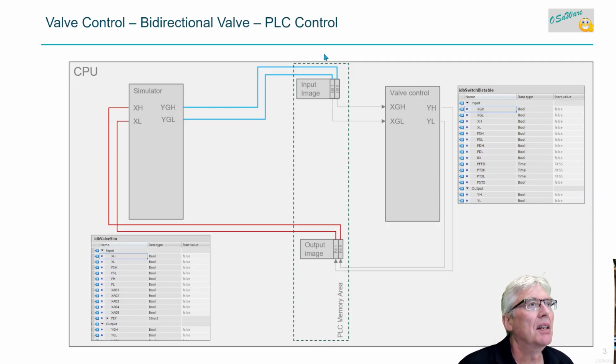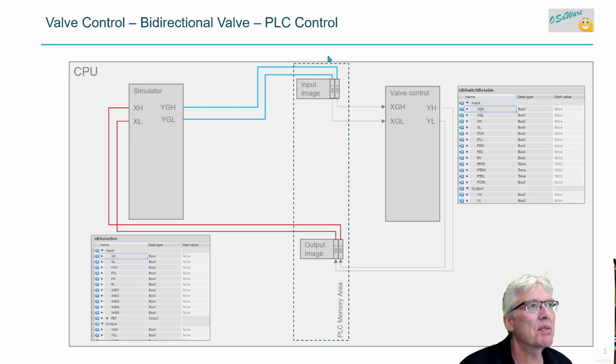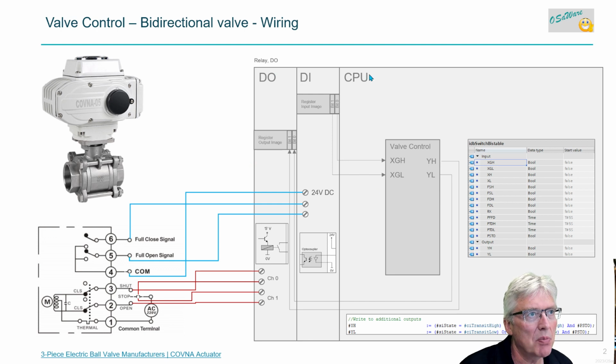Yeah. The PLC control with the simulation here. Here is PLC control and wiring, and here is PLC control and simulation. Then we have a valve simulator of some sort, and then we write to this image. Of course, these modules are not here, but the input image here is not located on the DI module.